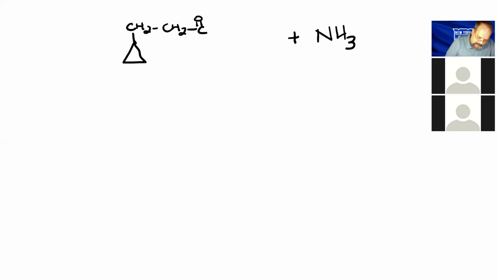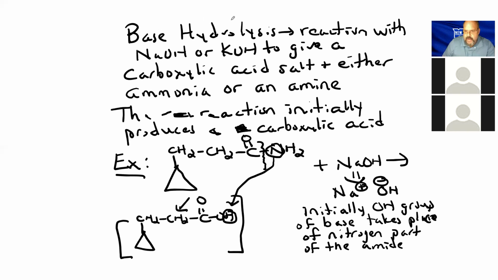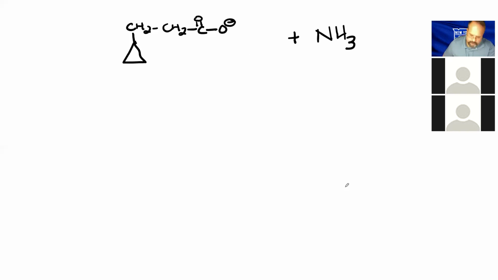Instead, the C double bond O carbon is going to be connected to what? O minus. Remember, under basic conditions, the carboxylic acid becomes the carboxylate ion. C double bond O connected to O minus. What else is present in this reaction that's going to be attracted to that O minus? We have the Na plus.